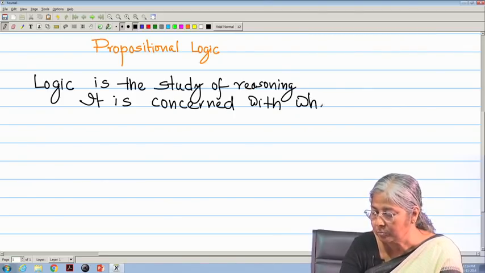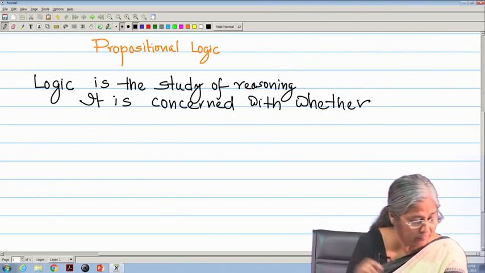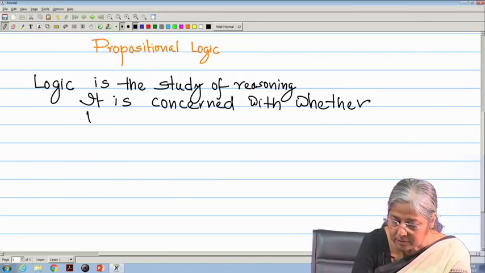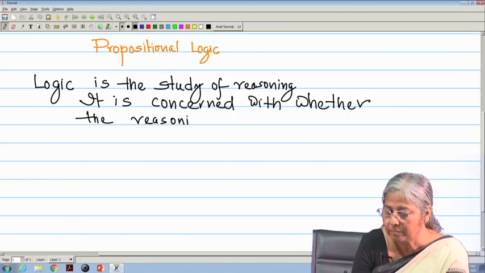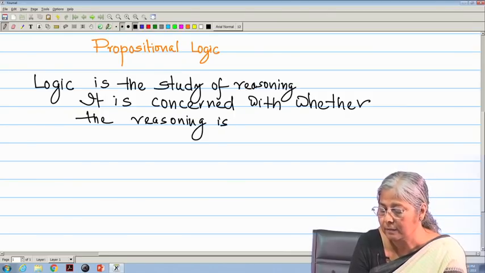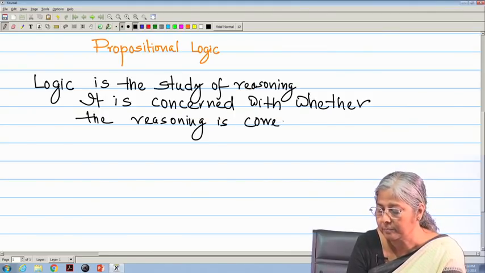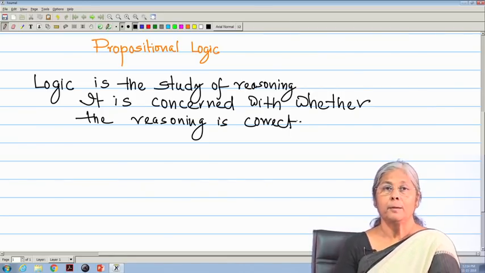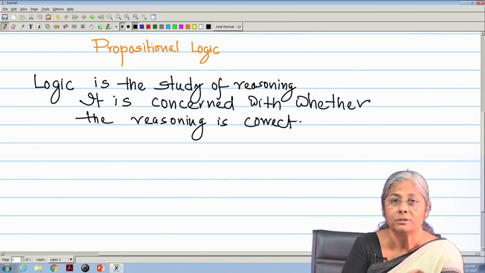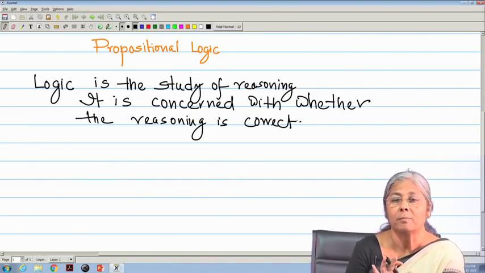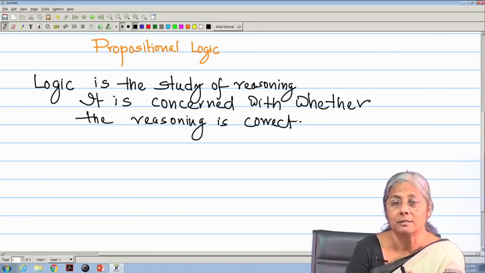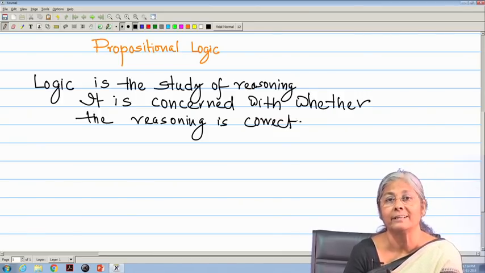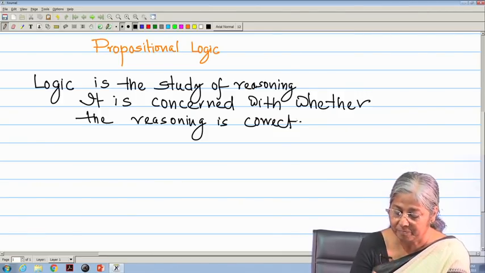Mainly, logic concerns the relationship between two statements, but logic does not concern the correctness of the statement.